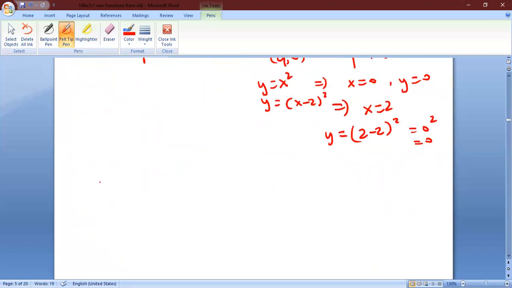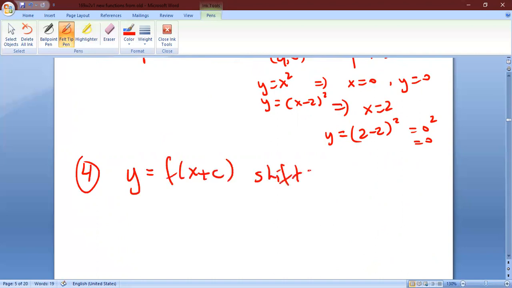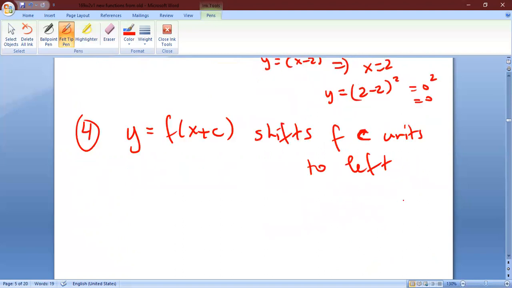And then similarly, y equals f of x plus c shifts f c units to the left, just like the third case. So it's going to be something like this.